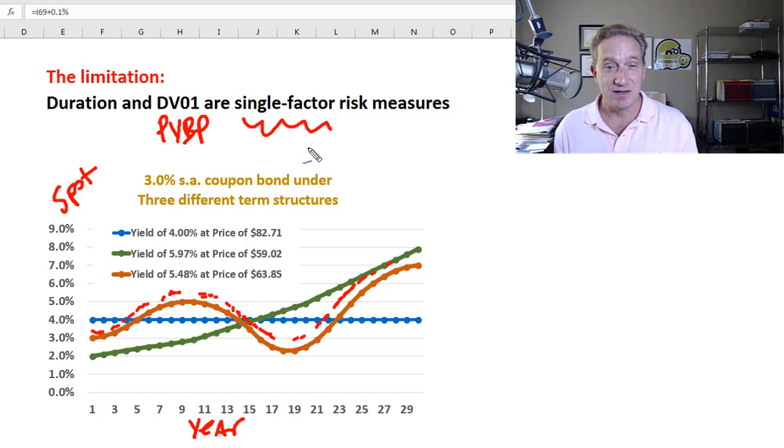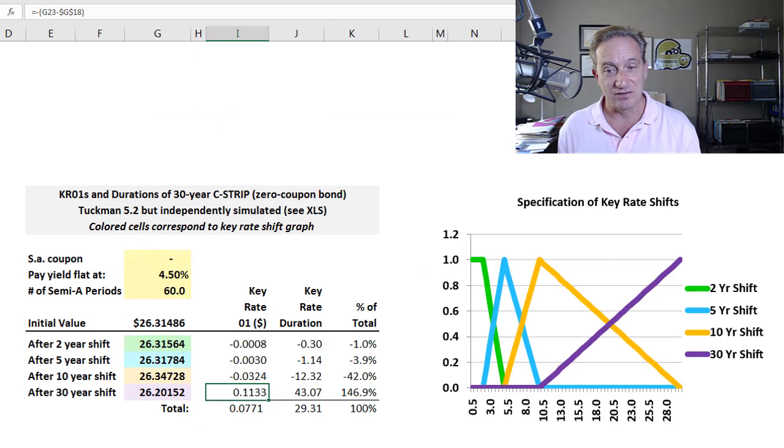We're leaving the simplified world of the single factor risk measure where we are using a yield, and with duration, that yield shock is the single factor summary of the term structure that is being shifted, and in doing so, we are assuming that the term structure shifts in parallel. And we know that's not necessarily realistic, and that's why we have the key rate shift technique.